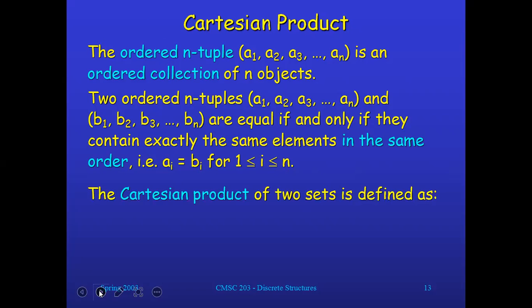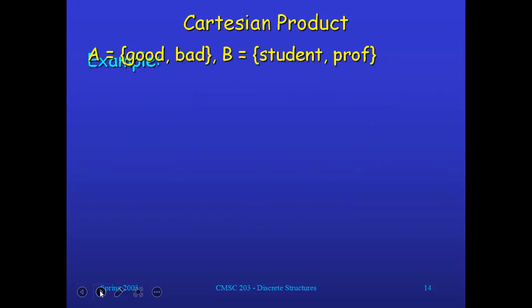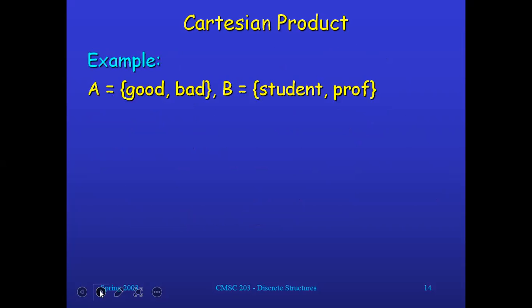So the Cartesian product of two sets is defined as this: A cross B equals (a, b), such that a is an element of set A and b is an element of set B. So for example, A is the set good and bad, and B is student and professor.